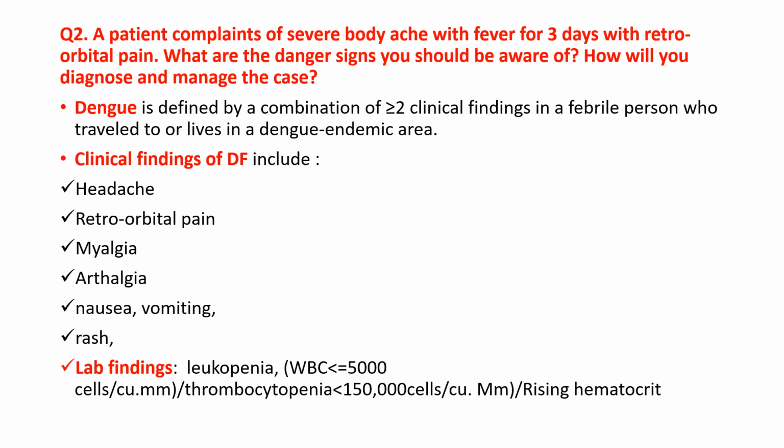It includes headache, retroorbital pain, myalgia, arthralgia, nausea, vomiting, rash, which may be macular or maculopapular in nature, with supportive laboratory findings like leukopenia, where the white blood cell count is less than 5,000 cells per cubic millimeter, along with thrombocytopenia of less than 1,50,000 cells per cubic millimeter, along with rising hematocrit.